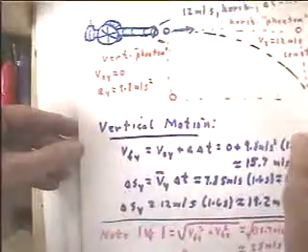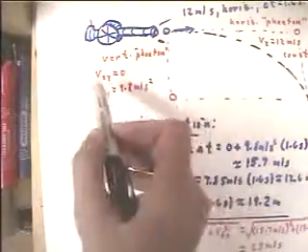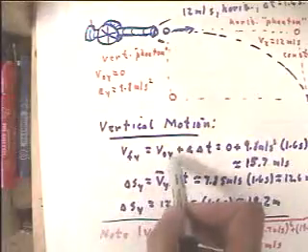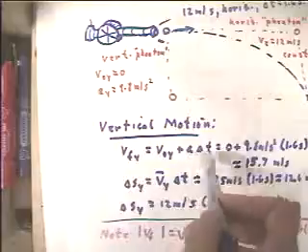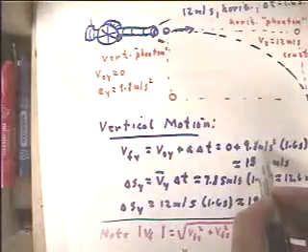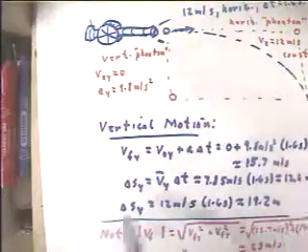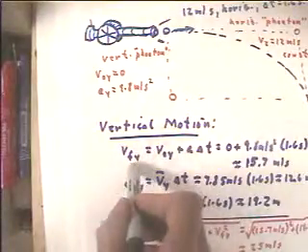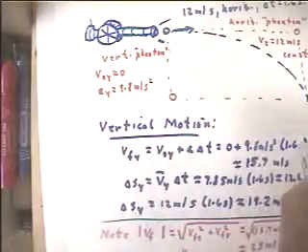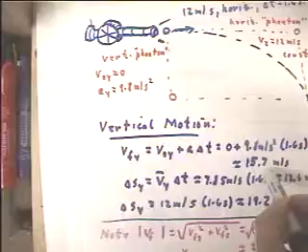So we analyze the vertical motion of the cannonball. Okay, again, vertically, initial velocity is 0. Acceleration is 9.8 meters per second squared, and again, we're analyzing this motion for 1.6 seconds. We conclude that the final y velocity is obtained by this calculation and is 15.7 meters per second.